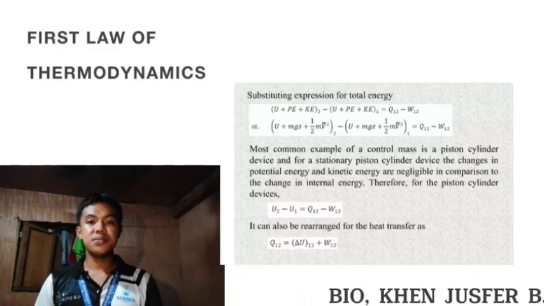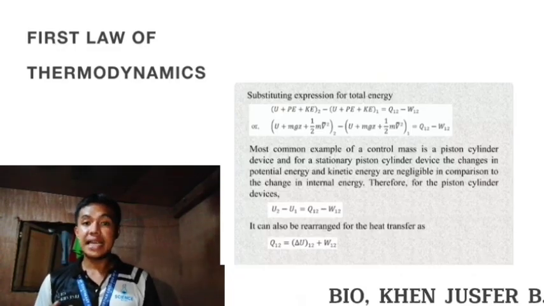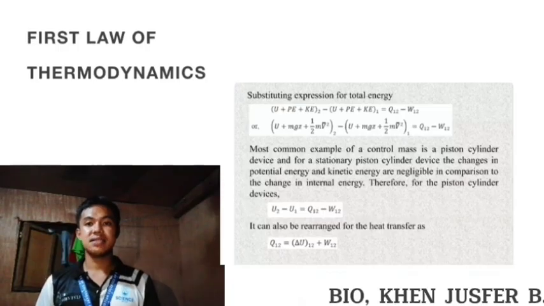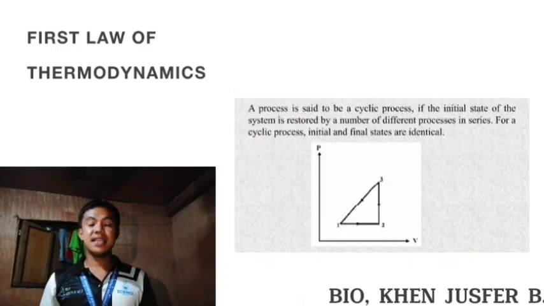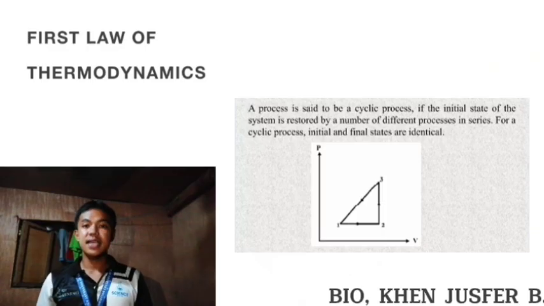It can also be rearranged for the heat transfer. A process is said to be a cyclic process if the initial state of the system is restored by a number of different processes in series.